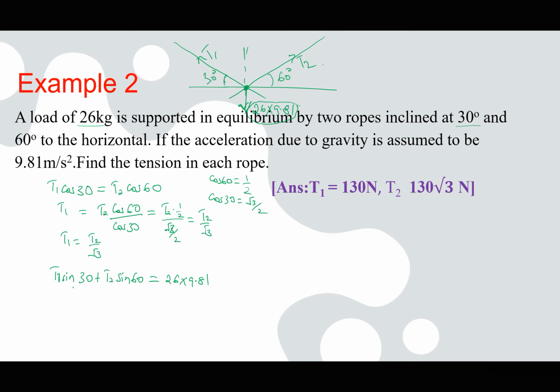Remember sine 30 is a half. So I have T1 times a half, that is T1 over 2, plus T2 sine 60, which is the same as cos 30, so this is root 3 over 2, is going to be 26 times 9.81.